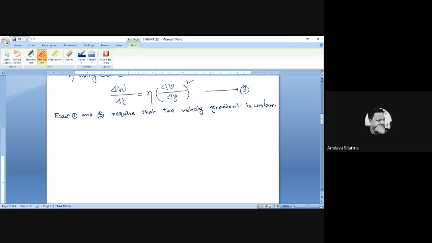Since this may not be the case over microscopic distance, we write equation 1 and 3 for infinitesimal distance.